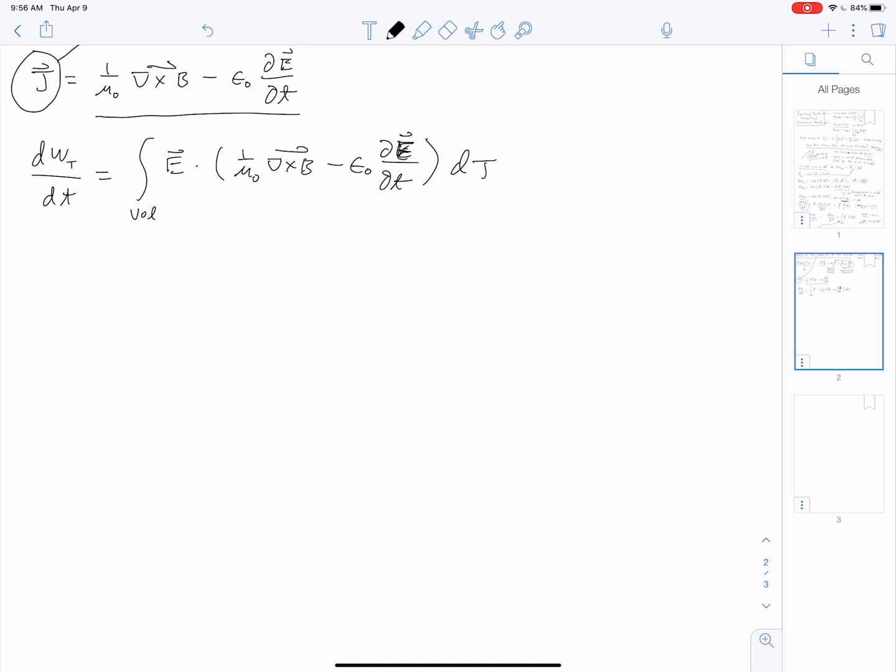Let's see, I'm going to rewrite this. So what I have then is, let's rewrite this into a slightly different form.